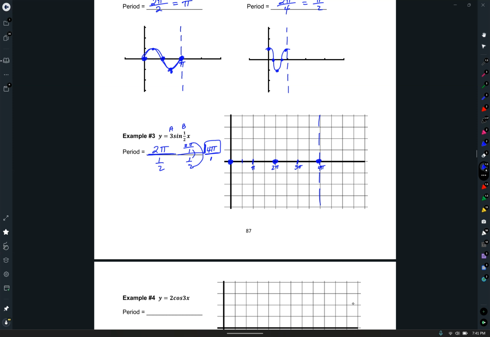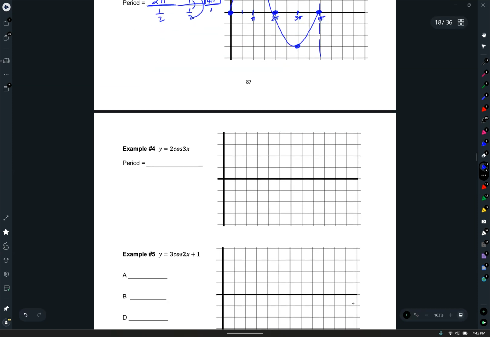And then remember how we said the sine function goes up to 1, but if the amplitude A is 3, then instead of going up to 1, we're going to go up to 3. Notice that happened halfway between the first 2 zeros, and then halfway between the second 2 zeros, I'm going to be down at -3. So this represents a sine function with a period of 4 pi, but an amplitude of 3.